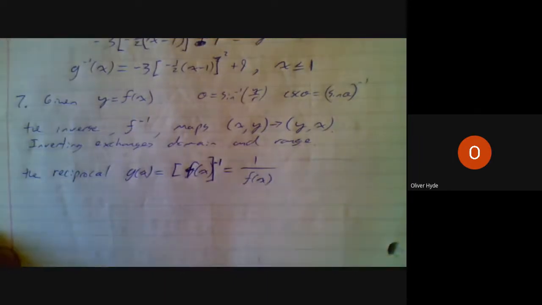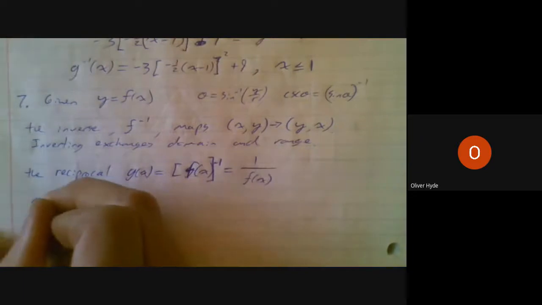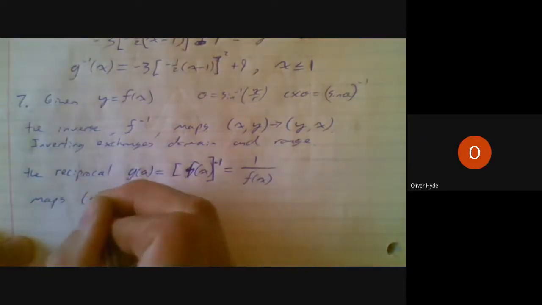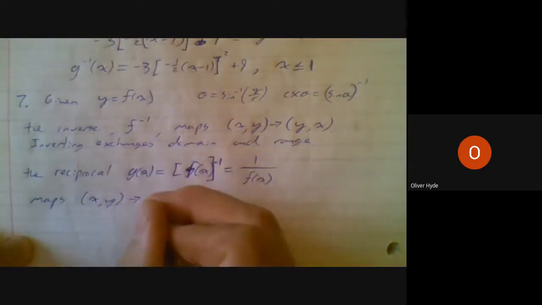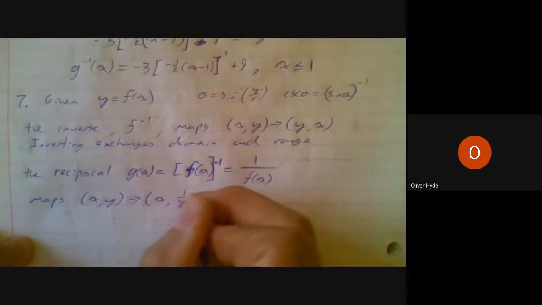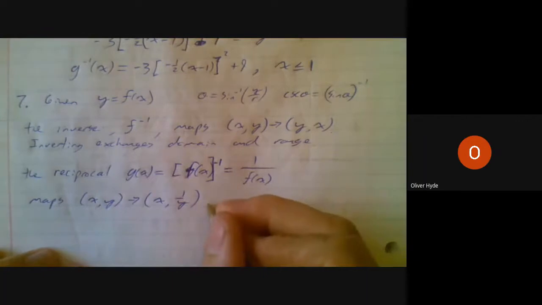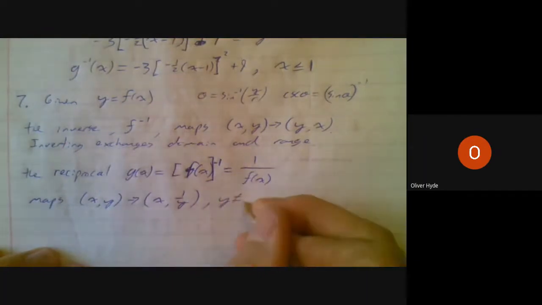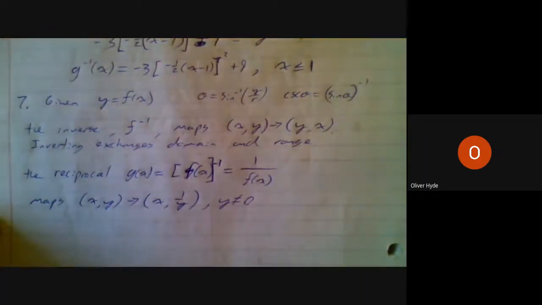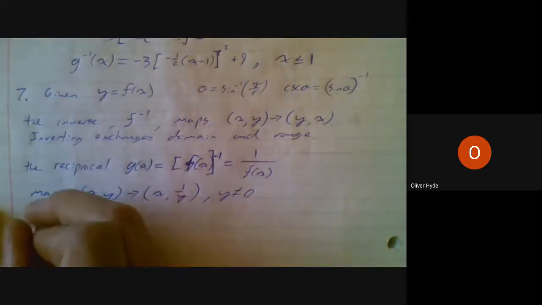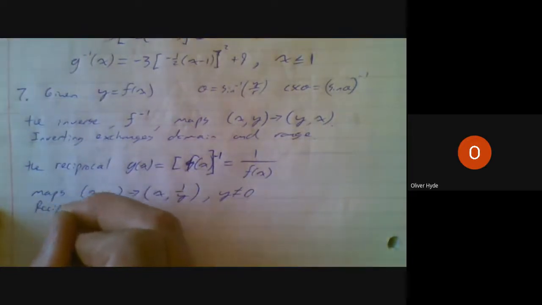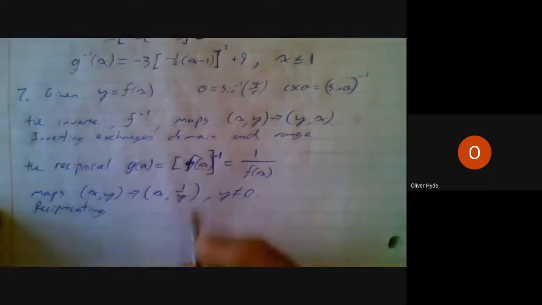What does the reciprocal do? Well, let's start with a mapping statement. That's a pretty straightforward way of demonstrating my understanding. It maps x, y to x comma the reciprocal of y, as long as y isn't 0. So if you wanted me to explain what's happening, I suppose I would say that reciprocating, it's still an exchange, isn't it?